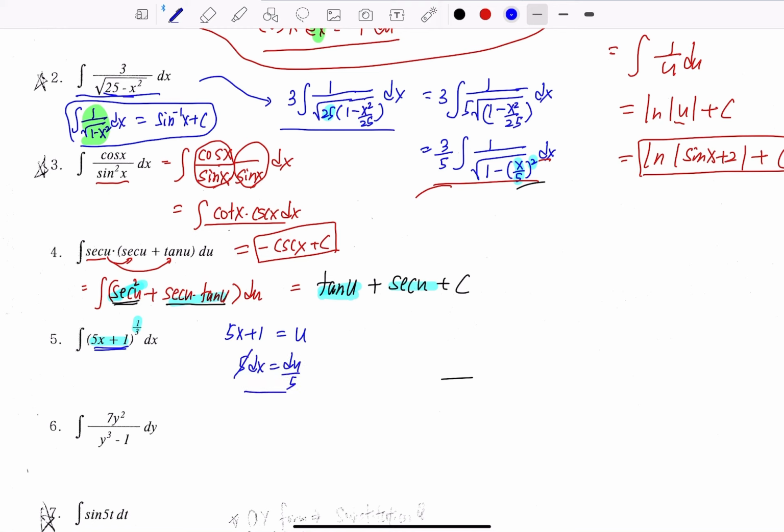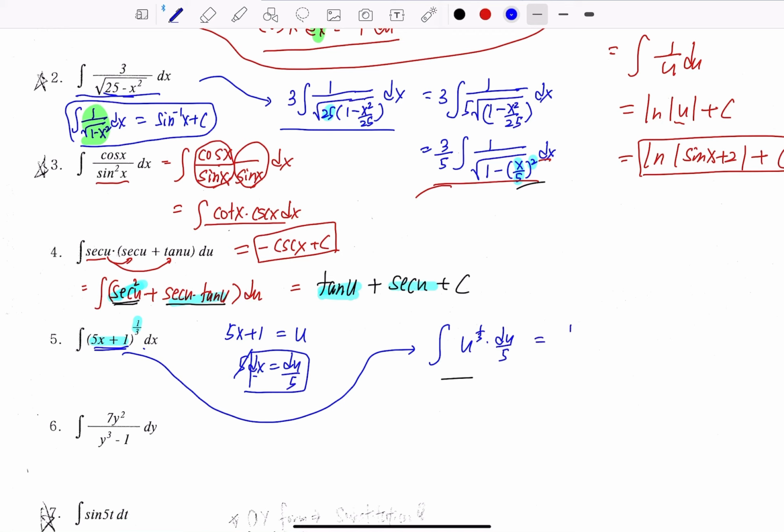So dx is du over 5, and then rewrite this equation. Integral 5x plus 1 is equal to u, so u to the 1/3 power, times dx is du over 5.